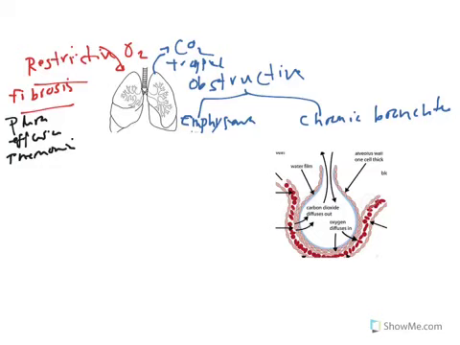The last type of disease, if we zoom into the alveoli and see what kind of disease can happen, is disease related to ventilation, let me use black color for ventilation, or disease caused by perfusion.